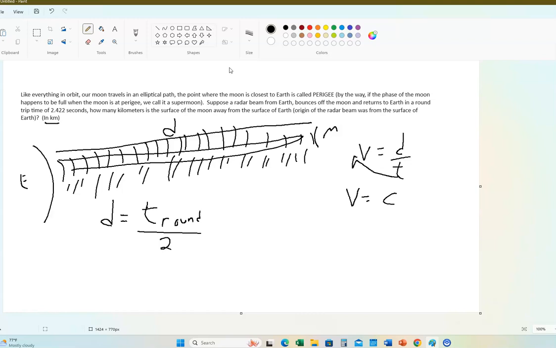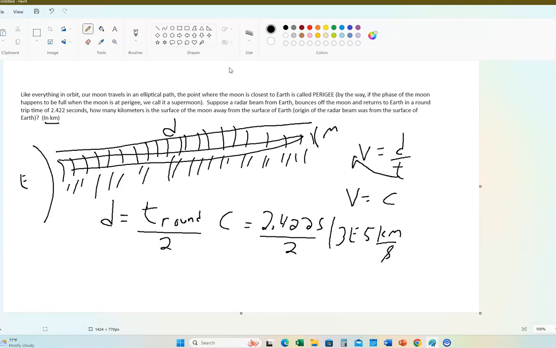Now I'll put the numbers in. It's 2.422 seconds divided by 2, because we want half the round trip time for this distance, and then the speed of light is 3 times 10 to the 5th kilometers per second.